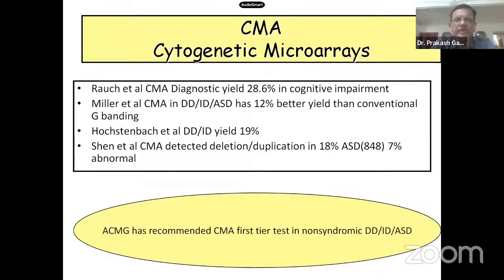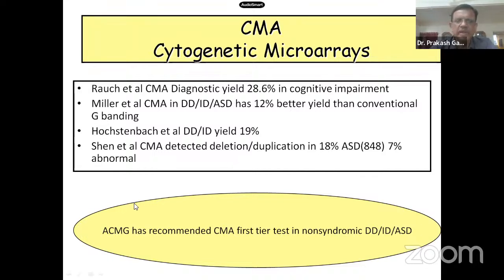Now CMA, as I told you, has a good diagnostic yield as compared to karyotyping, and it's much better also. You can see in the second reference that CMA in conditions like developmental delay, intellectual disability or autism spectrum disorder has a 12% better yield than conventional G banding, which we have just seen.